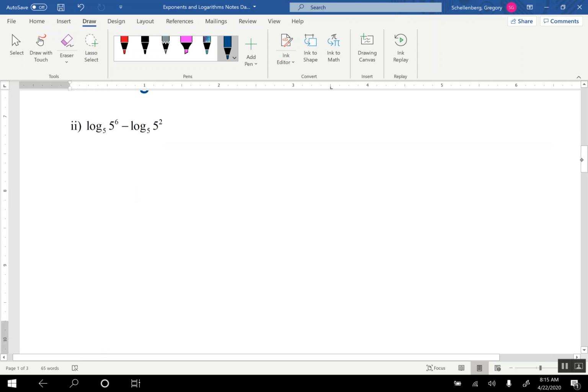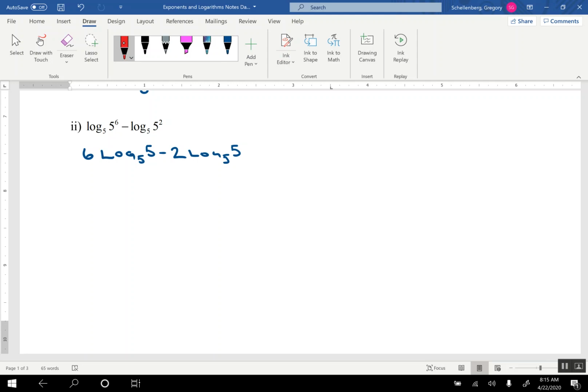So kind of the same idea with the next one. We've got log base 5 of 5 to the power of 6 minus log base 5 of 5 to the power of 2. Let's use our power law to begin. We'll move those exponents out in front as coefficients. So I'm going to rewrite the first term as 6 times log base 5 of 5 minus 2 times log base 5 of 5.